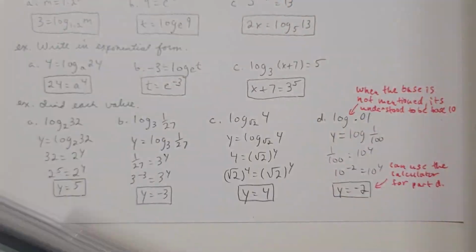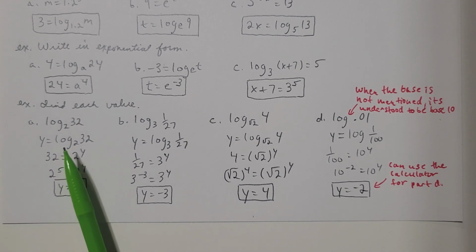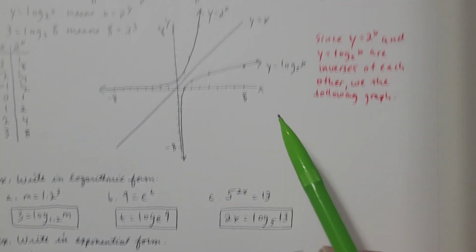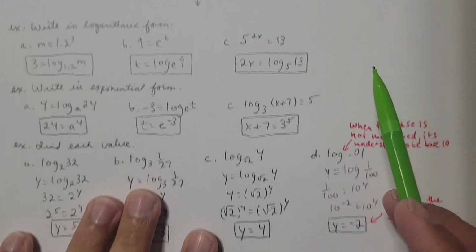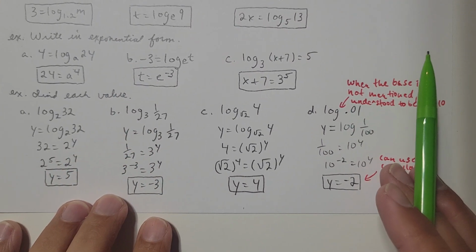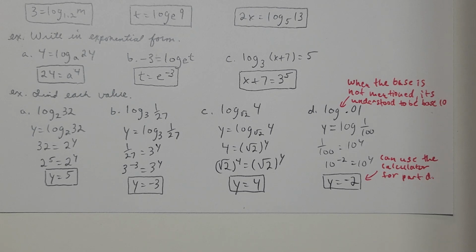I don't have a log base 2 button or a log base 3 button. There's a log button, which is log base 10, but I can't do special bases. I kind of like that, because it forces you to know the definition of a logarithm and not have to rely on the calculator.